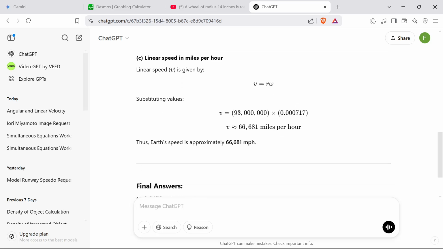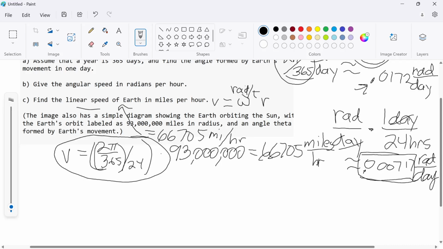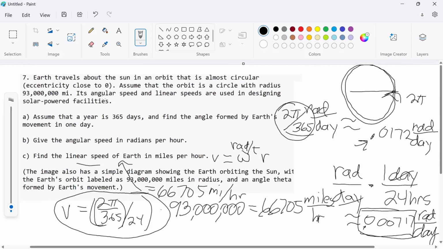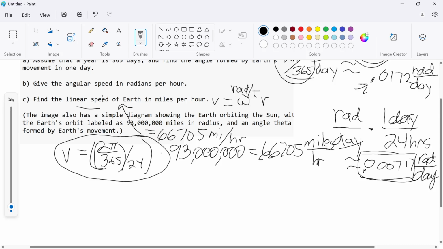It came out with 66,681, which was the interim answer. So you've got to be careful how you round things. I use the exact value. The radians per hour is 2 pi divided by 365 divided by 24. That's the exact number of radians per hour times 93 million miles, the radius of the Earth's orbit, and it comes out to approximately 66,705 miles per hour.